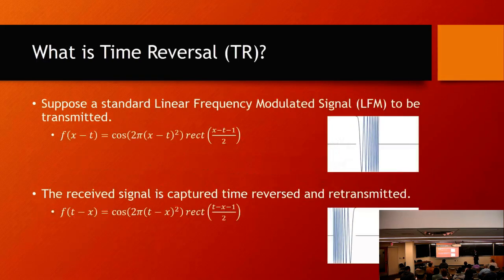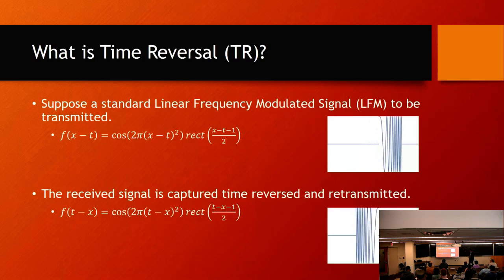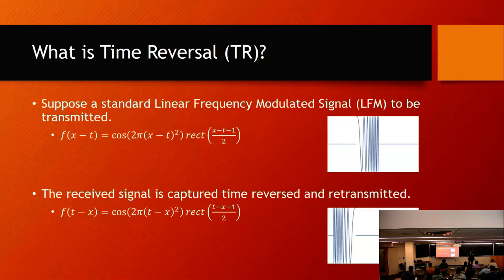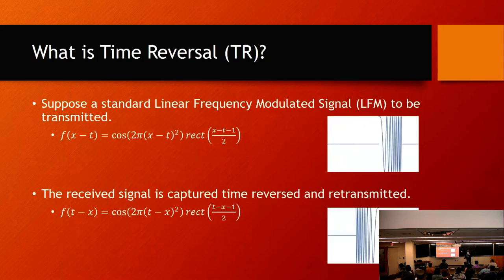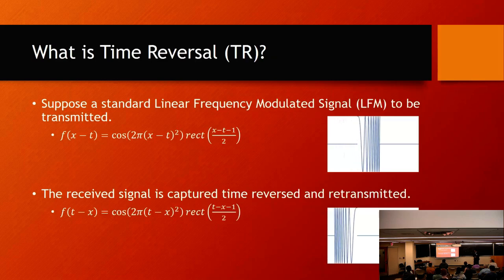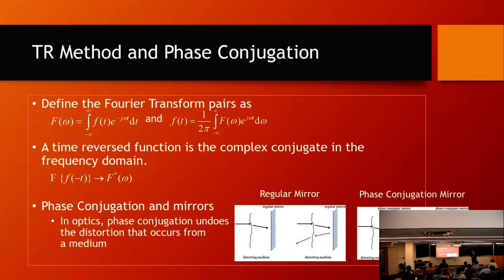So what is time reversal? It's really not that complicated. Imagine you have a function here. This is a quadratic function with a rectangular function multiplied to it, and what you're doing with time reversal is essentially just switching this around in time. And okay, that's very simple, but why do I care?